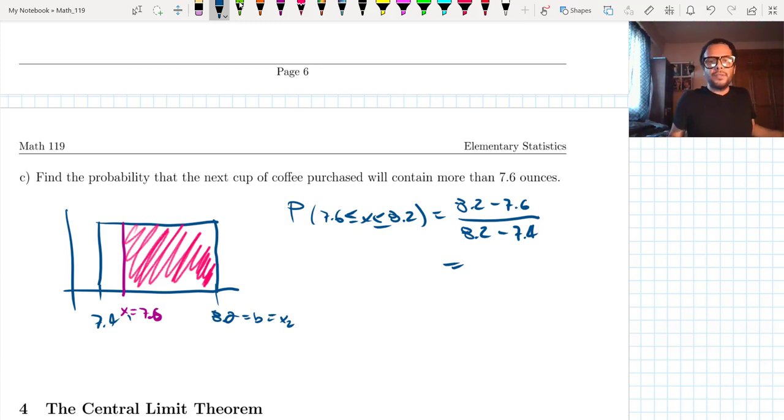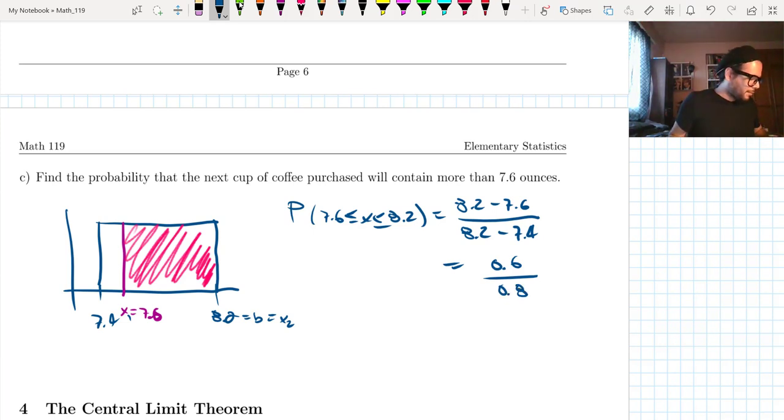All right, so this will be 8.2 minus 7.6, that's 0.6, and 8.2 minus 7.4, and 0.8.